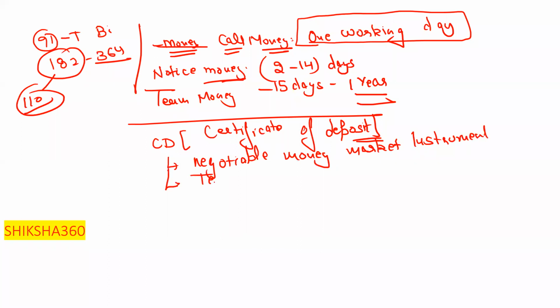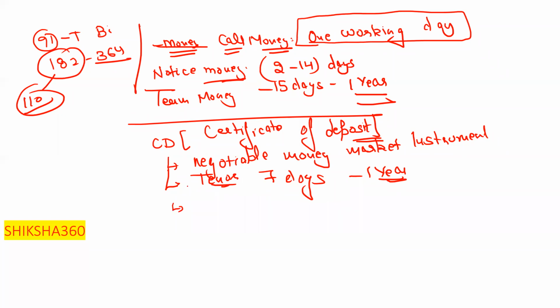Second point, its tenure is 7 days to 1 year. Banks can issue certificates of deposit with maturity from 7 days to 1 year.